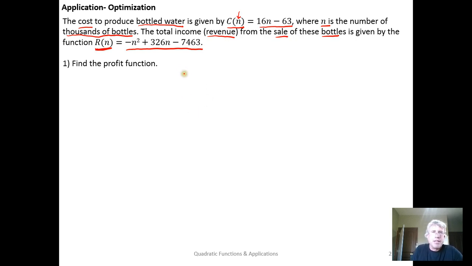So the general idea here is that your profit is going to equal the revenue that you generate by selling the item minus your cost to do business. So you have money coming in, but you're also spending money.